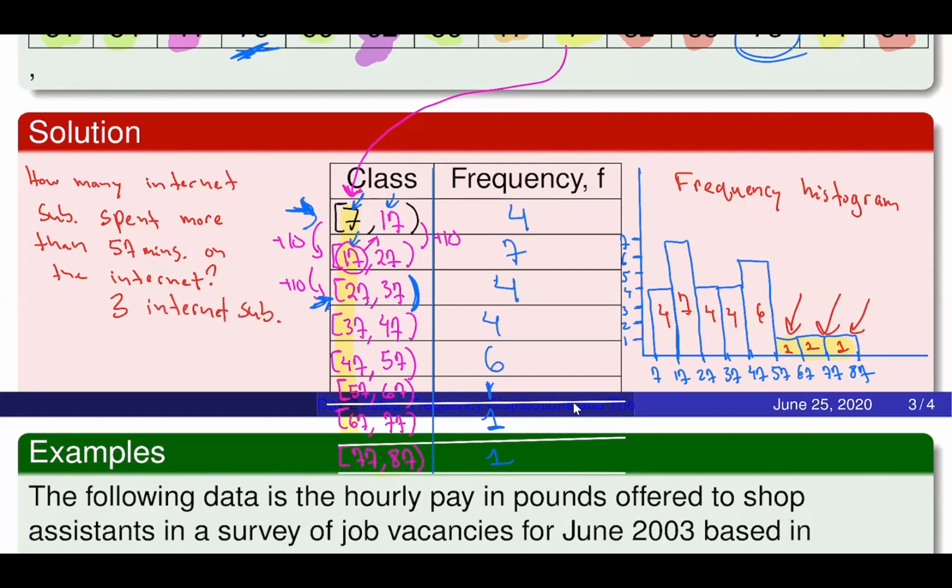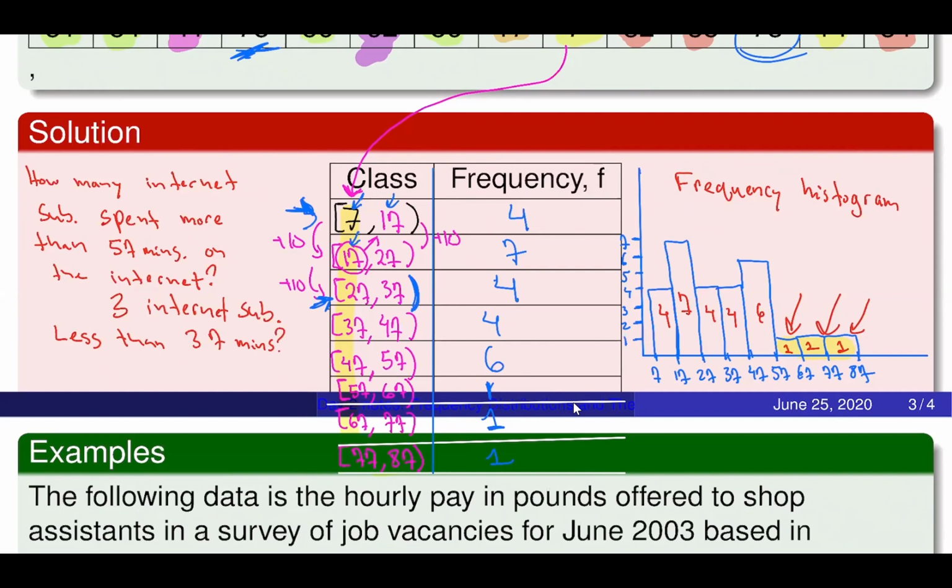All right. So what about if I tell you less than 37? So I want there to be less than 37 minutes. I want that their last internet session, they spend less than 37 minutes on the internet.